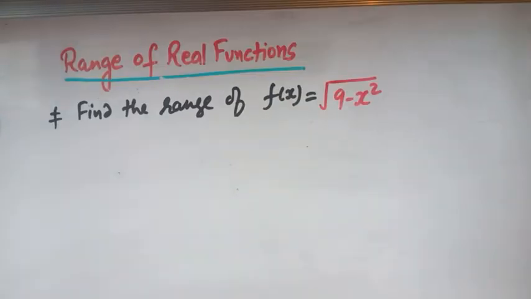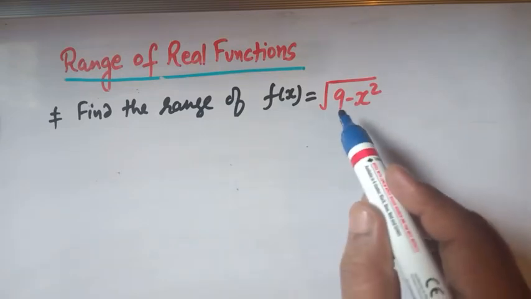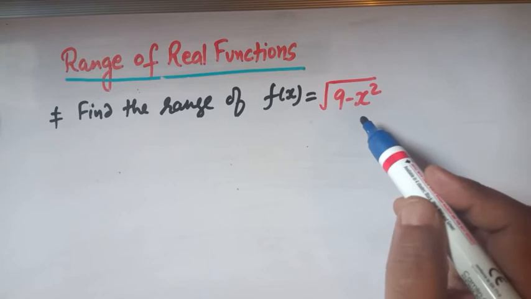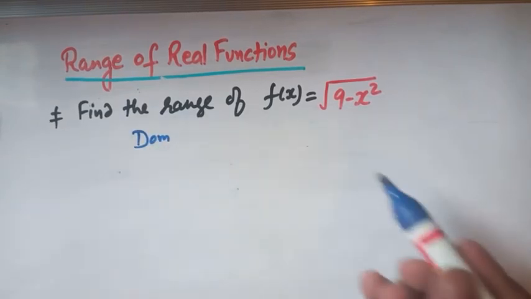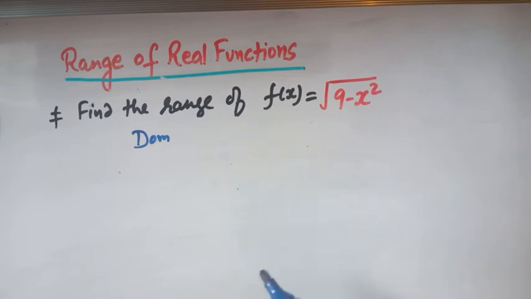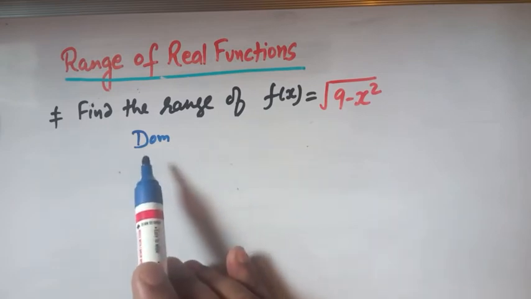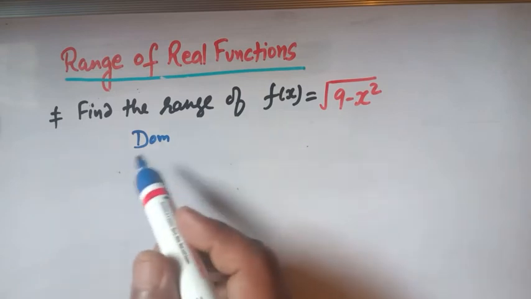Viewers, now let us take one more very important example. Find the range of f(x) is equal to square root of 9 minus x square. Now for domain, I have already solved these problems in that video related to domain of real functions.